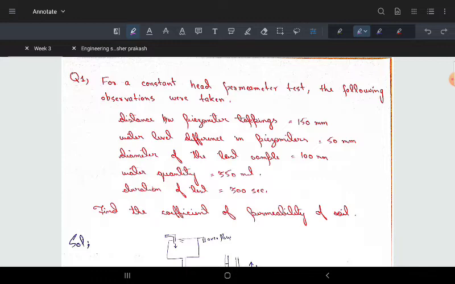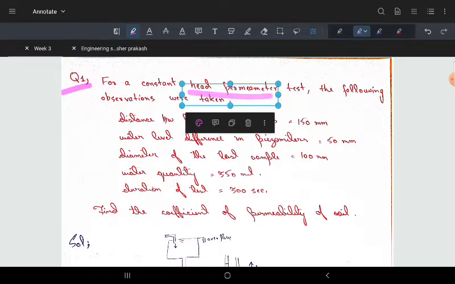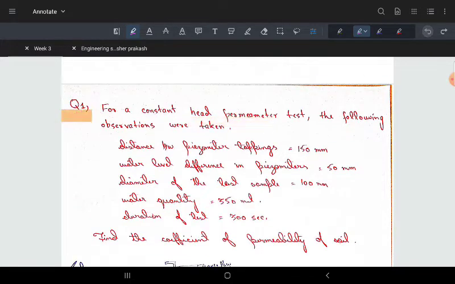One is called constant head permeability test, and another is called variable head permeability test. So question number one is based on constant head permeability test, right?